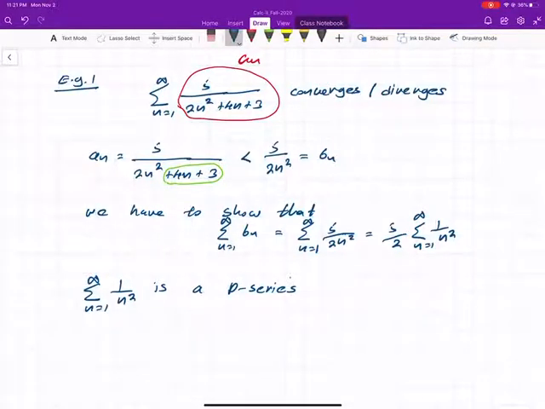This is a P series with P equals 2. P is the power actually. That means P greater than 1. If P greater than 1, you could say this P series converges. We have learned this in the previous class.